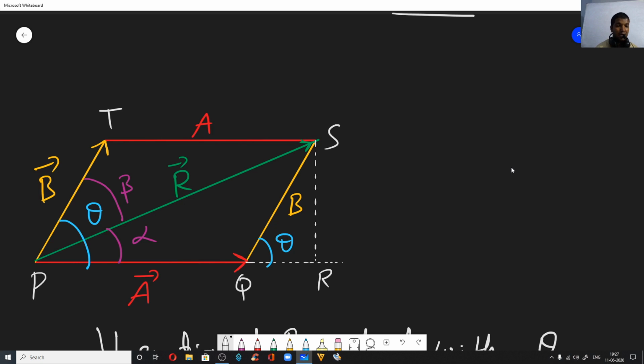This is alpha, this will be 180 minus theta, and the other angle will be beta. If you observe the yellow lines, they are parallel, so this angle beta and this angle beta are interior alternate angles. I think you know it.